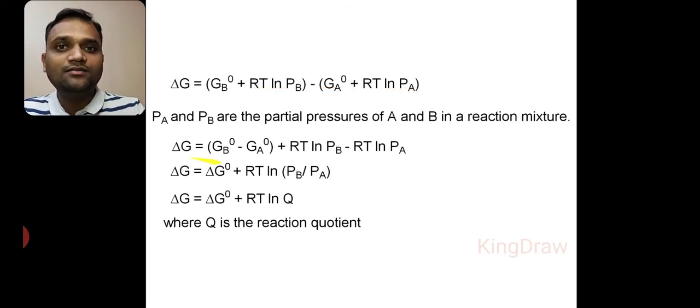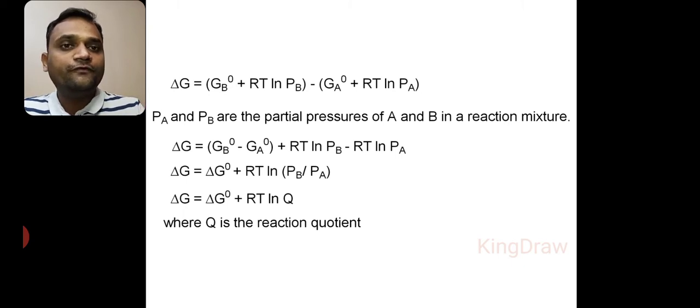Now we have to simplify these brackets. Delta G is equal to, if we take Gb0 minus Ga0 together into one bracket, then plus RT ln of Pb remains as it is, and RT ln Pa gets the minus sign, so minus RT ln of Pa. So delta G is equal to Gb0 minus Ga0 plus RT ln of Pb minus RT ln of Pa.